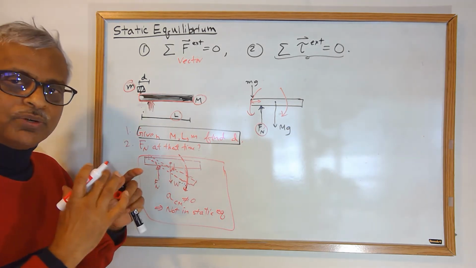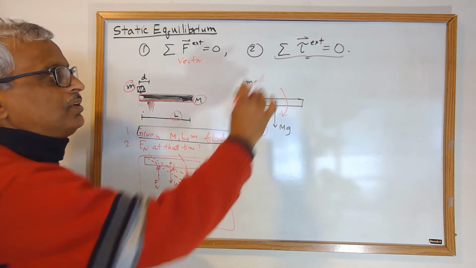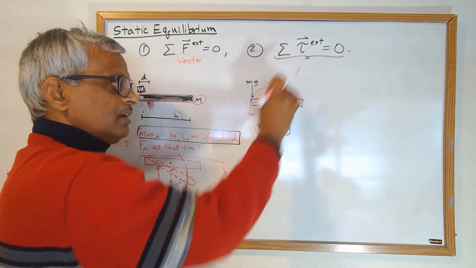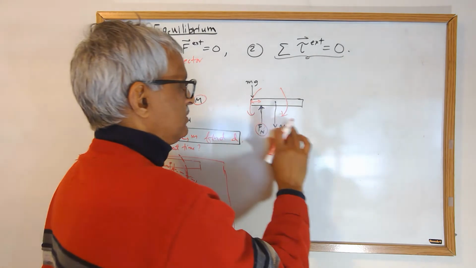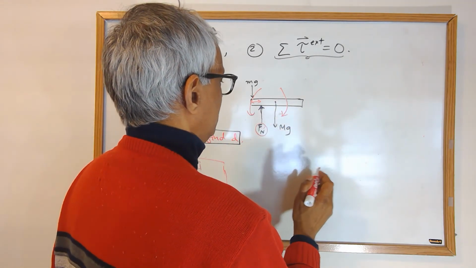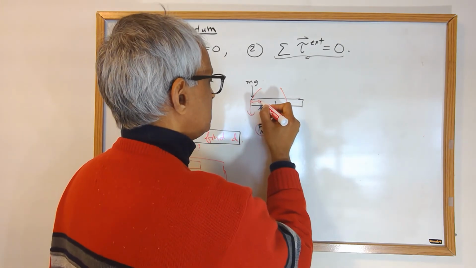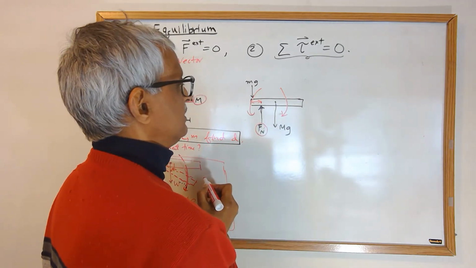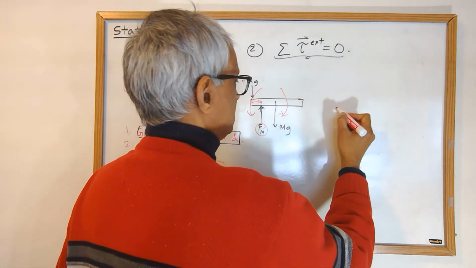So it looks like a torque type of balancing, right? We can directly go in there and see what we get. We can pick a pivot point.